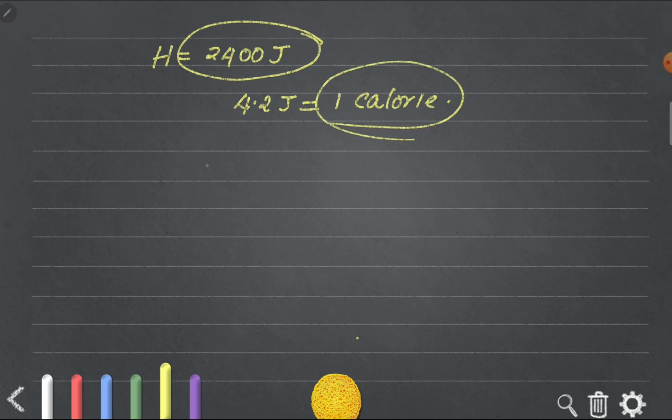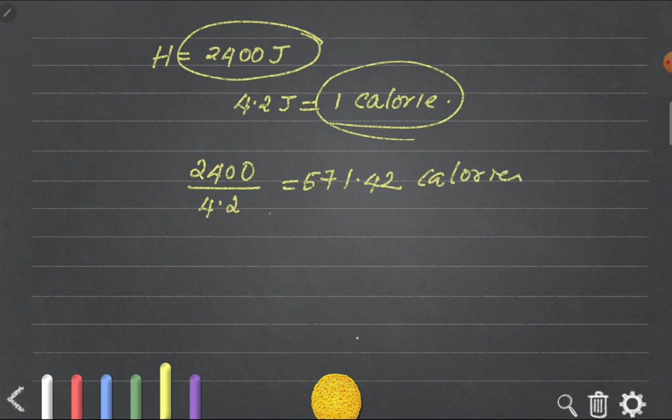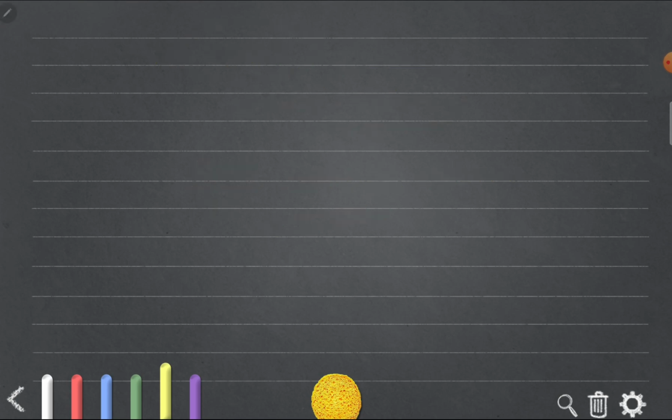So write 2400 divided by 4.2, that is equal to 571.42 calorie. Okay, that is it. That is so simple. A lot of attention is not required for such a question. Just need to know the conversion.